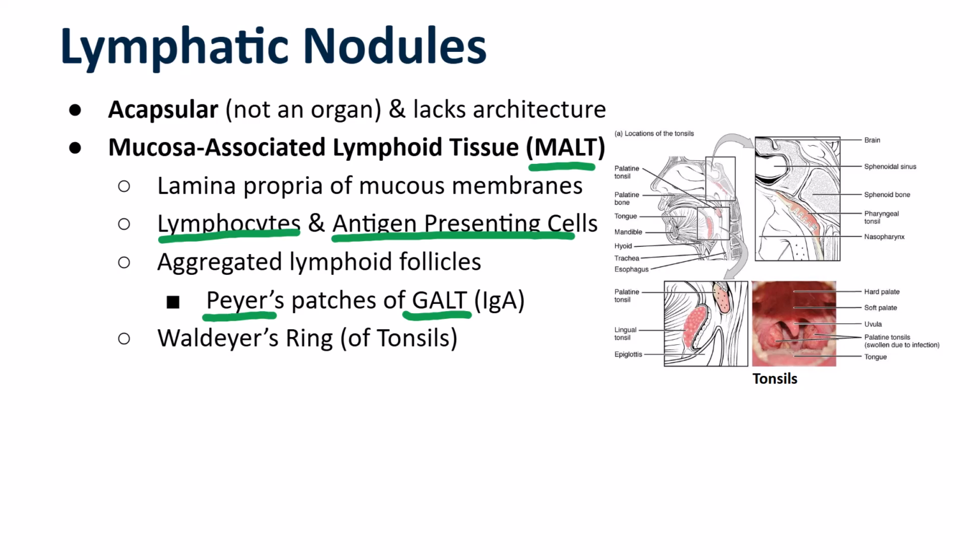Any food materials that are consumed and digested, as part of the chyme, as it moves through the small intestine, rub up against these Peyer's patches, and they are able to generate an immune response, and any of the B cells can be activated into plasma cells and start secreting IgA antibodies.